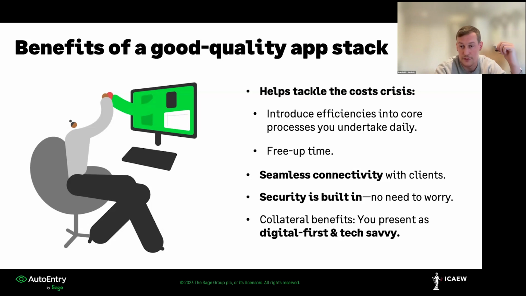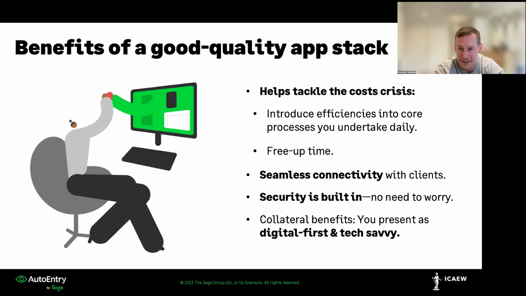You've got Gen Z and millennials, and I was quite shocked to learn that Gen Zs are 26 years old now, and millennials are 42, and these generations have grown up with technology.